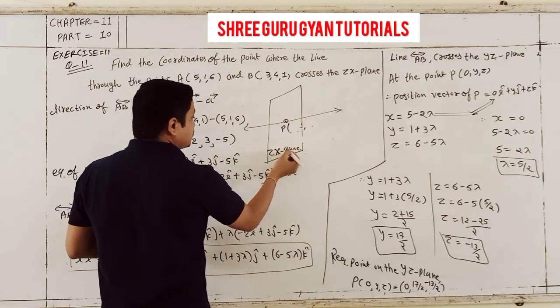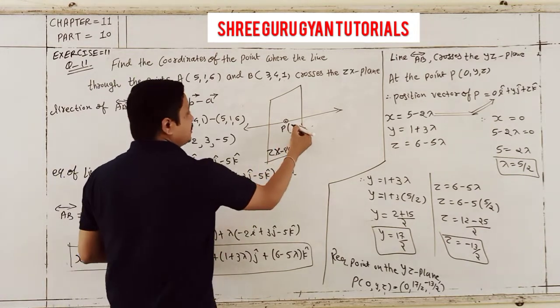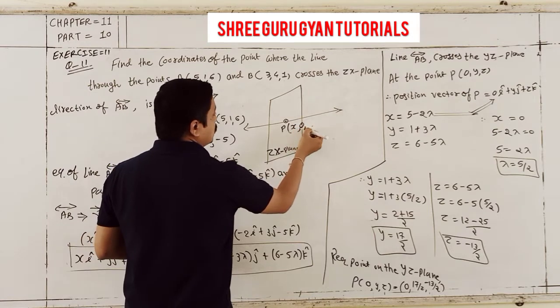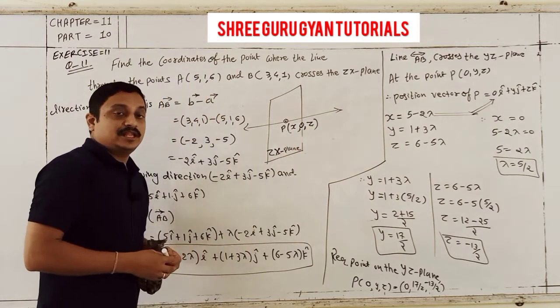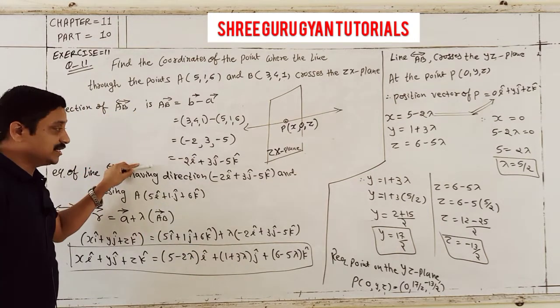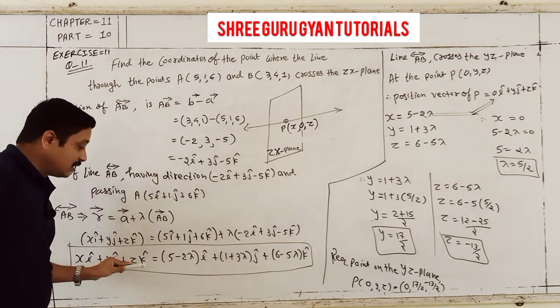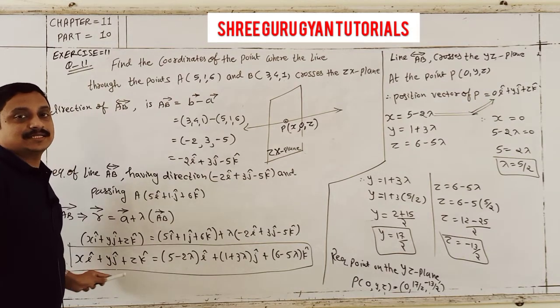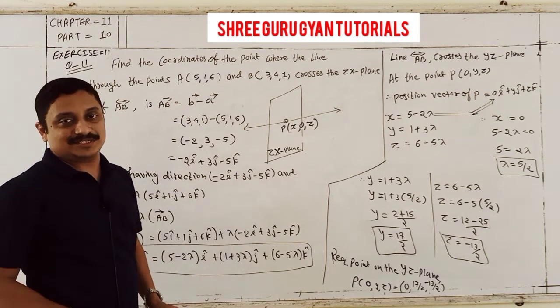So can you guess? Yes, correct, the y coordinate is 0, so here x, 0, z in the zx plane. This question has the same solution up to x, y, z, the same calculations.